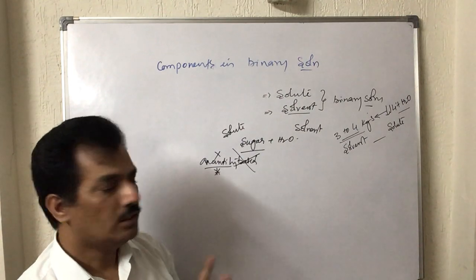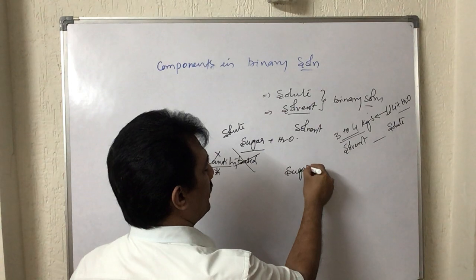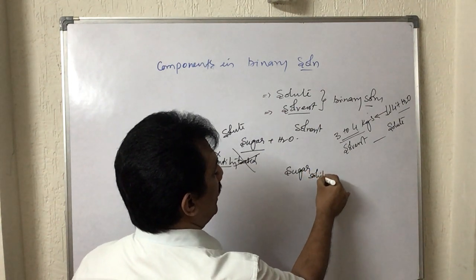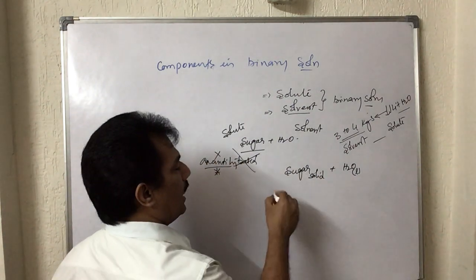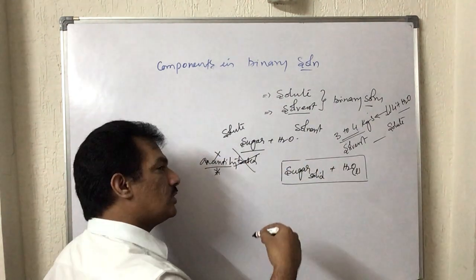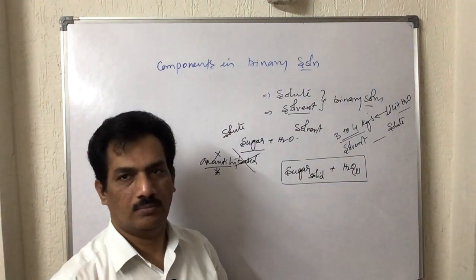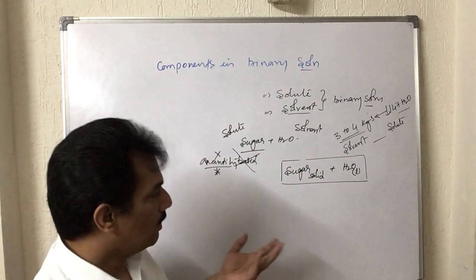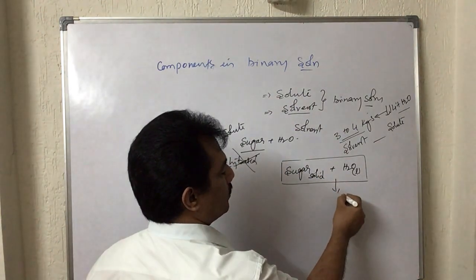Then how to define? Just observe, sugar is solid, whatever the quantity it may be, and water is liquid in state, is it not? Of these two, when mixed, one is losing its phase, converting into the phase of the other. When the sugar is dissolved in water, we get sugar syrup.